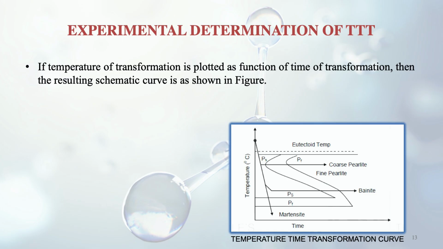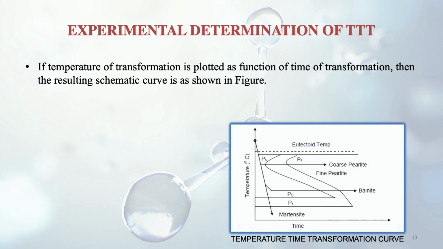When we start at one point, in the beginning the transformation rate is very slow. So it is at a larger distance from the y-axis, the temperature axis, if you see the top of the figure. And then there is a certain time of transformation after which it gets transformed.